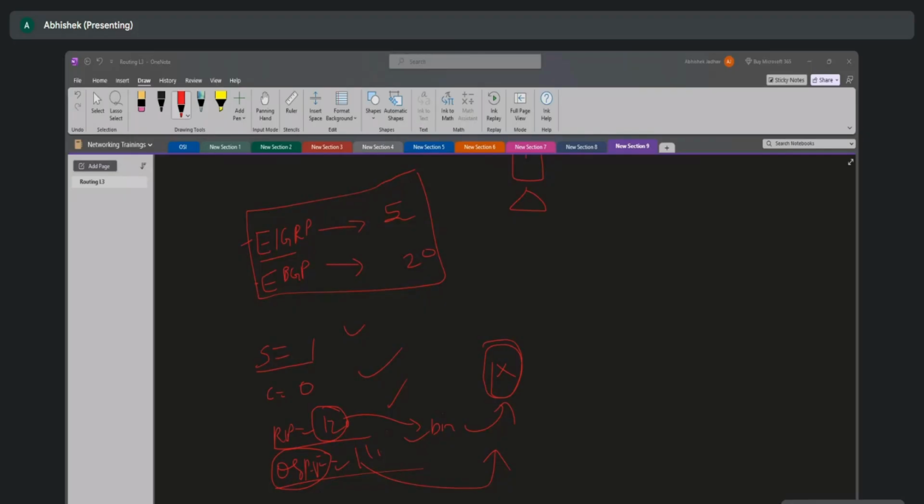Let me show you the classful configuration first. I think I have one with me. Let me just open that. Router 1, router 2.